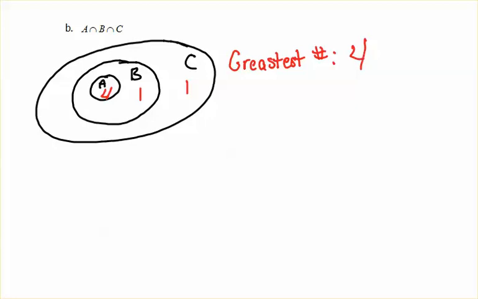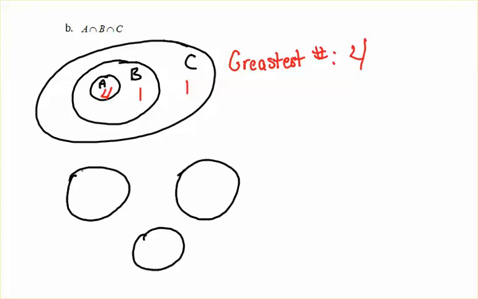Now they want to know the least number of items that the intersection could have in common. Well, what happens if the circles don't meet and touch at all? What if you have A, B, and C over here, and A has 4 items in it, and B has 5 items in it, and C has 6 items in it?